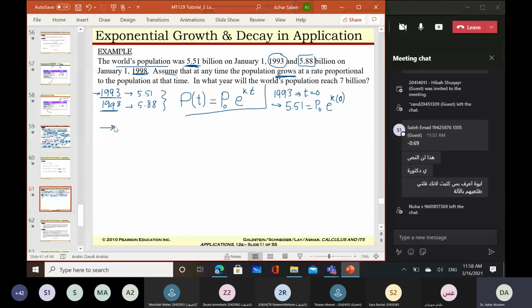So here I can find that of course e to the power zero equals 1. I can find that P0 is equal to 5.51.